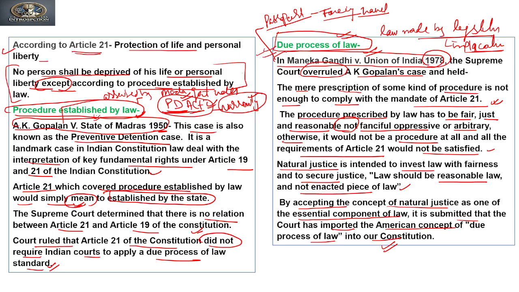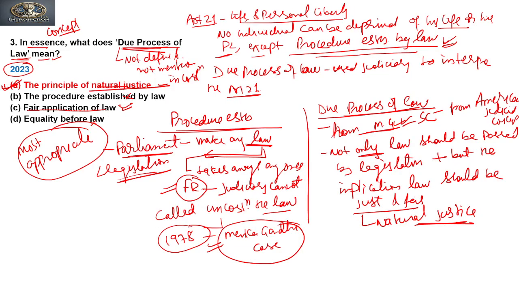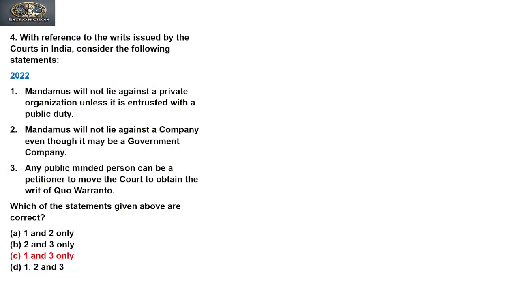It means it is analyzing whether the law made is based on natural justice or not. So it is not enough for the legislature to formulate a law, but that law has to be just, fair and reasonable also. It means its implication has to be fair. Clear? So this was decided by the judiciary. Clear? Let's move to the next questions.